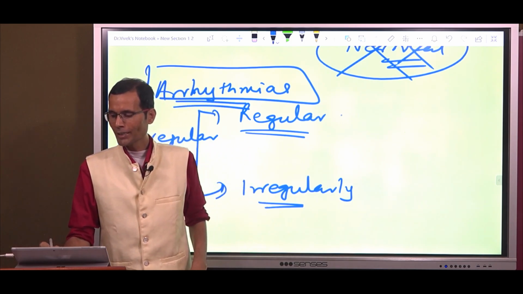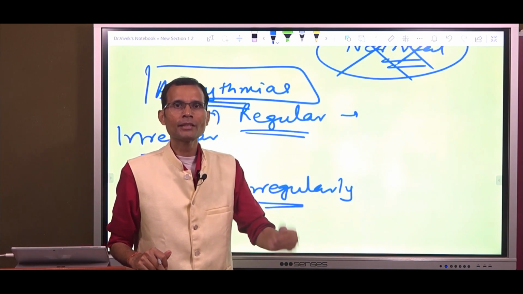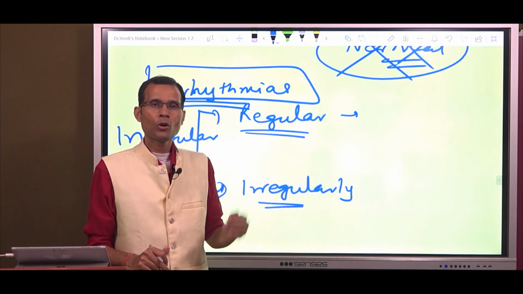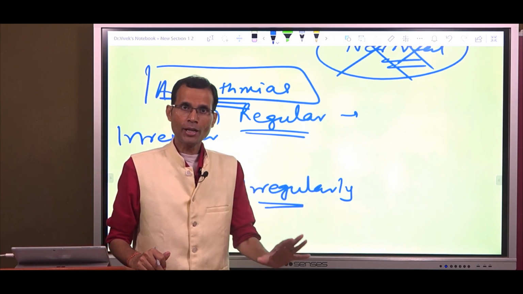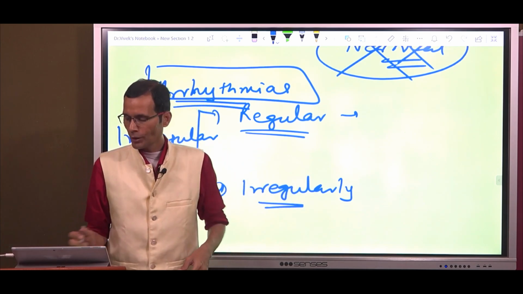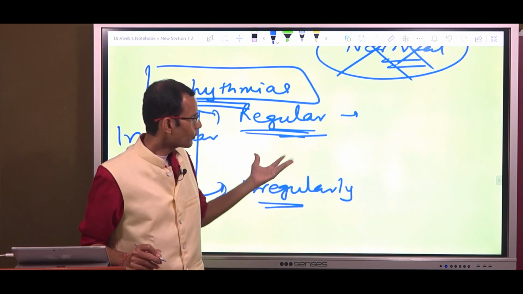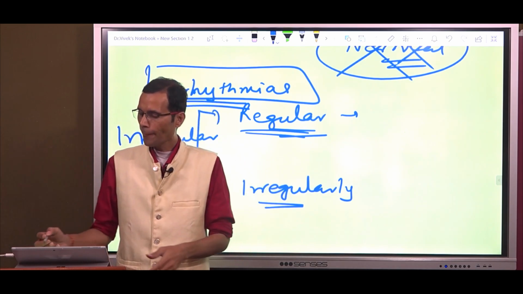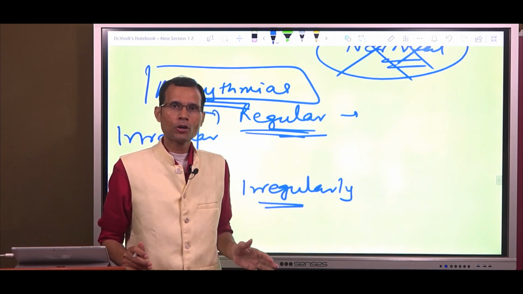Similarly, apply the same logic to the pulse. If every third pulse is missing or every fourth pulse is missing, this is irregularity, but happening at regular intervals, and that's one way of describing the irregularity. This happens in second degree heart block.